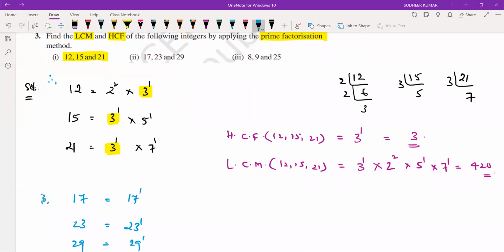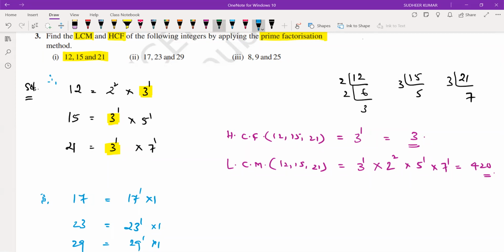There is no common base, right? So 1 is the common factor for all the numbers, we know that. Even though 1 is not a prime number, here there is no option. We should take 1 as the common factor. This is one exceptional case in the factorization method.